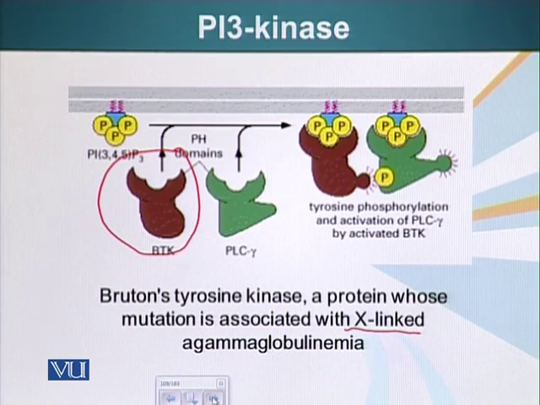Although the B cell has received a signal, it cannot do its job. So basically, people who have a mutation in this gene have inability to produce antibodies, and this is called agammaglobulinemia, and this is an X-linked disorder.